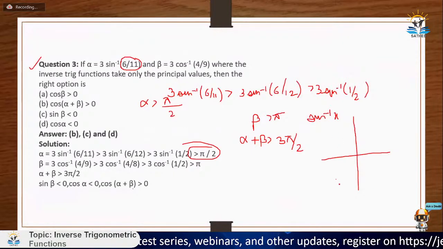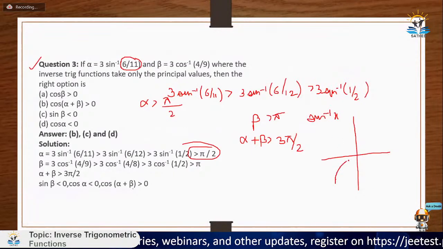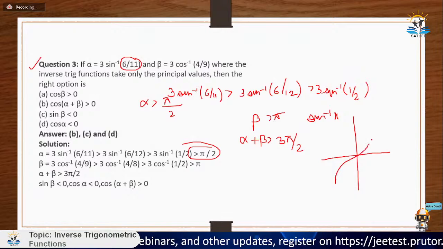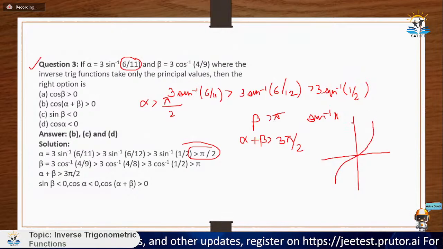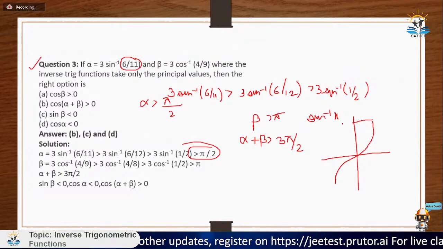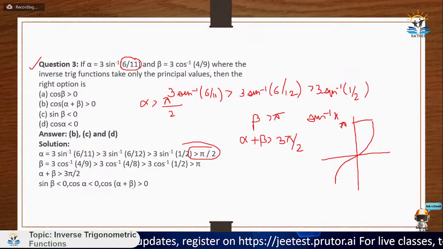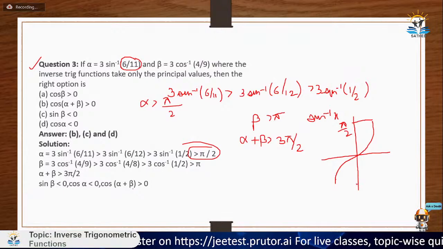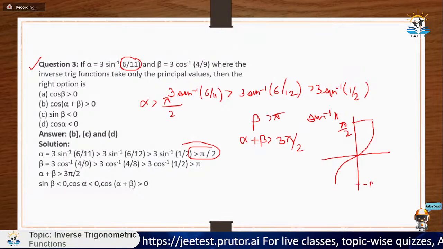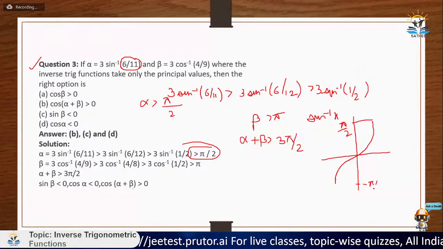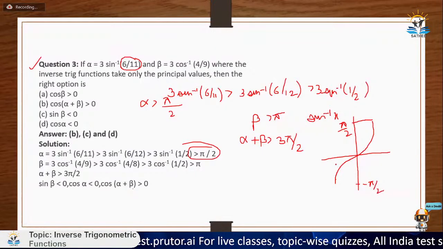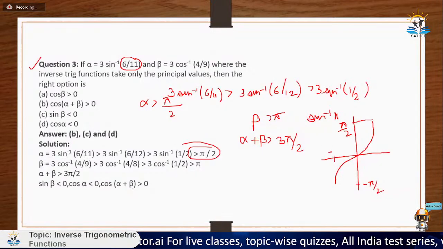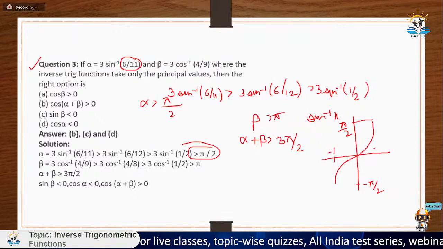It would be something like this. You will go from here to here. It's something like an inverse cup. Here it is pi by 2. Here minus pi by 2. Here minus 1. And here it will be 1.